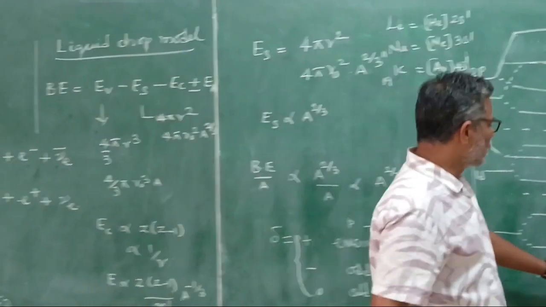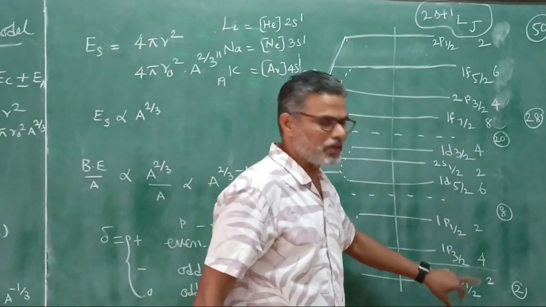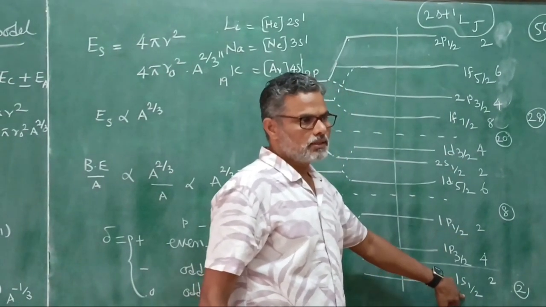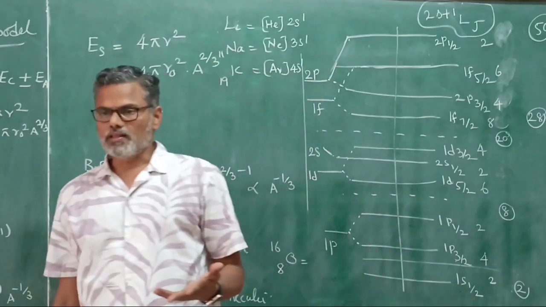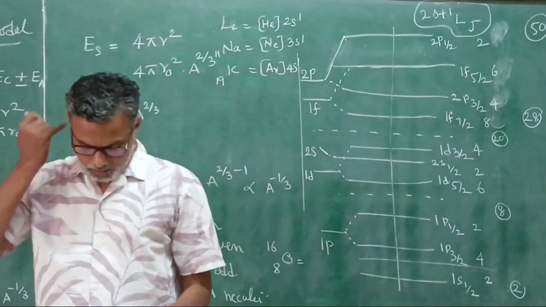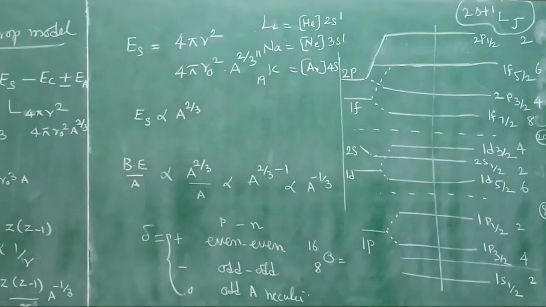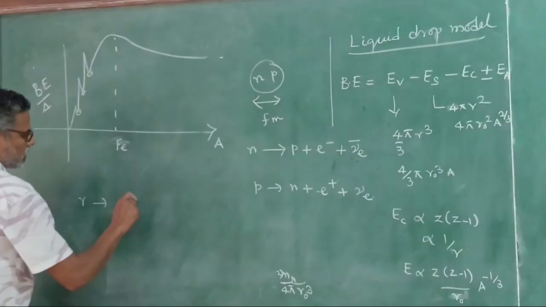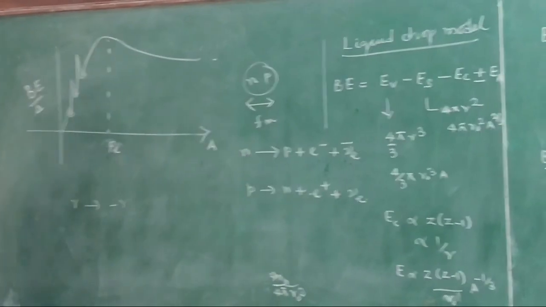Once you know this, we are going to estimate the J value, the total angular momentum, and the parity. Parity is the concept of what happens if you move from R to minus R, a kind of spatial inversion.